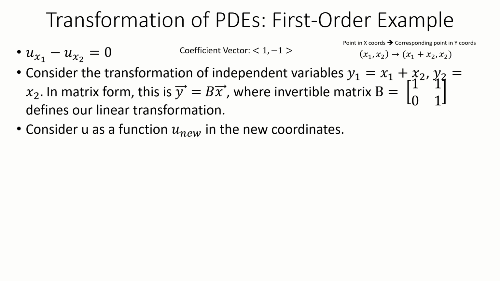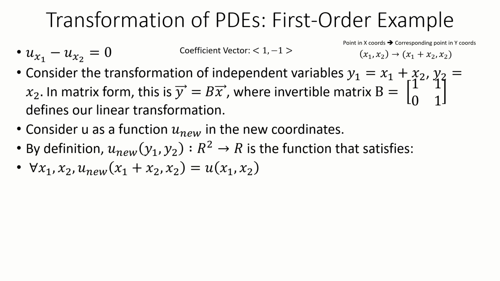Because this transformation is invertible, if the original PDE had a solution, that is a mapping from R2 to R in terms of the original coordinates x1, x2, we can define a new mapping from R2 to R, the new u function, that has the same output at its input y1, y2 as the original mapping u had at the input x1, x2, where x1, x2 is a coordinate point input that corresponds to input y1, y2 under our transformation.